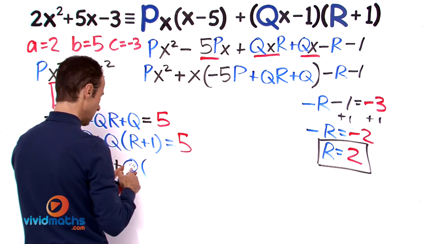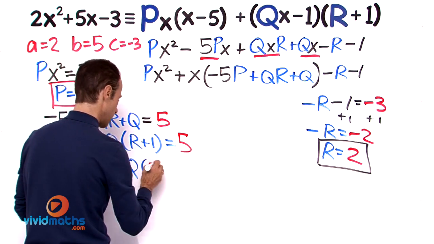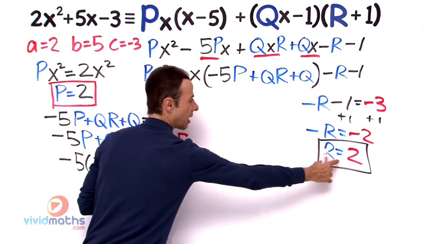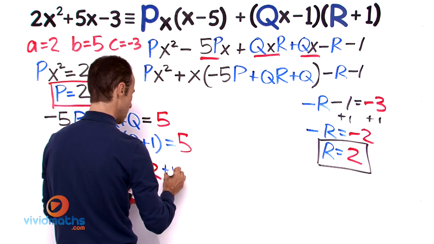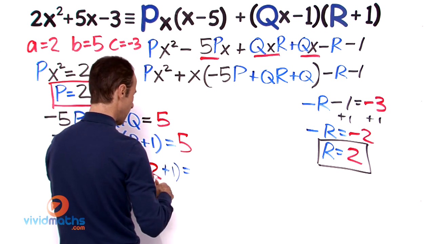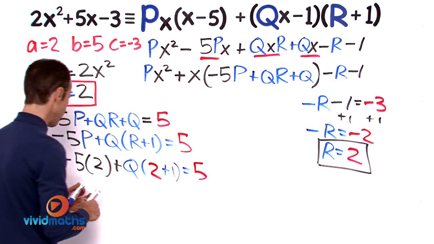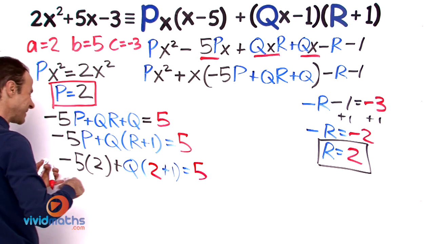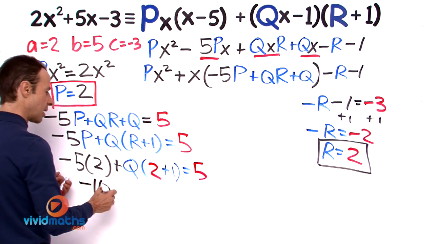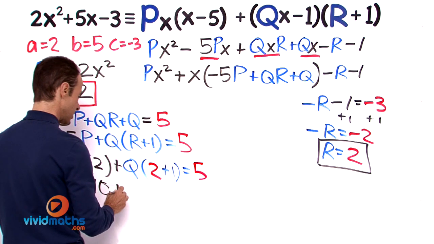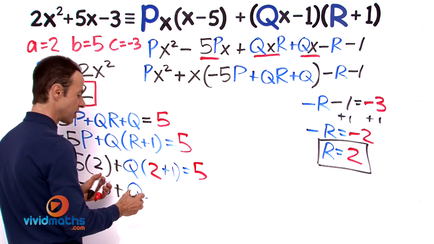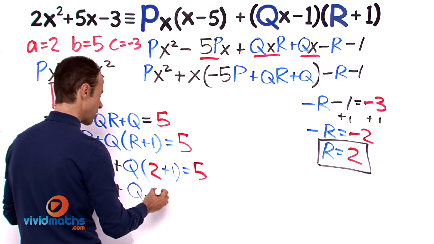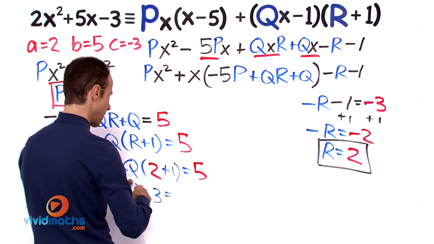Now r equals 2, put it right there, plus 1 equals 5. We're nearly there. Negative 5 times 2 is negative 10. And then we have plus q times 2 plus 1 is 3. So that's q times 3 equals positive 5.